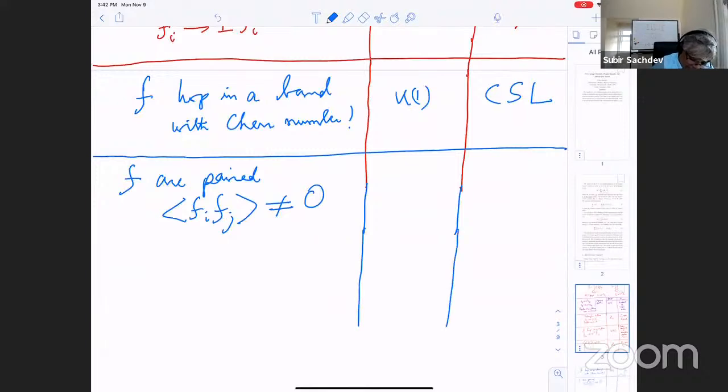And you have the Bogoliubov particles. So after you do pairing, you have some Bogoliubov particles, which people call Majoranas. And these Bogoliubov particles move in a band with Chern number.